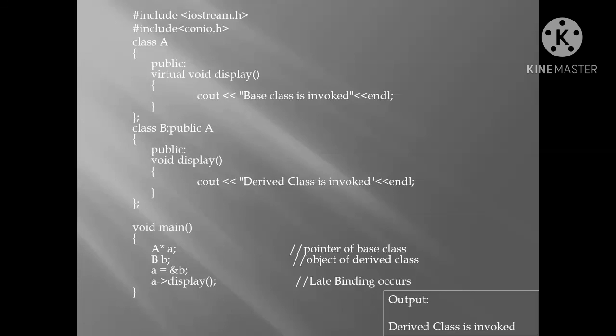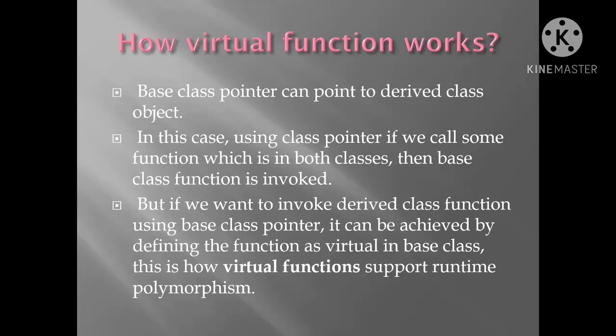Moving to the next, how virtual function works. A base class pointer can point to a derived class object. In this case, using the base class pointer, if we call some function which is in both classes, then the base class function is invoked.